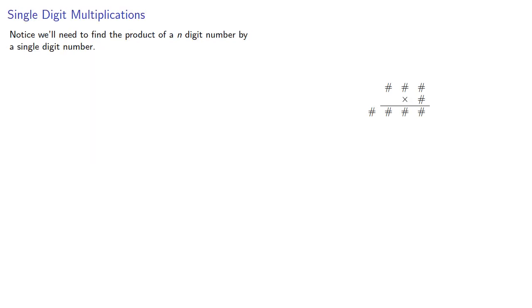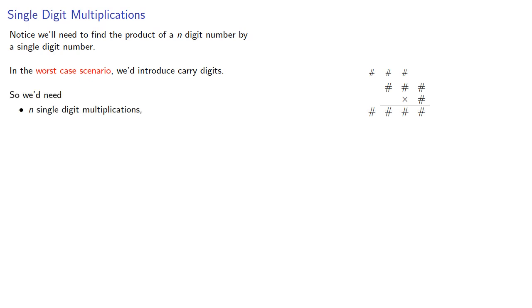Notice that we need to find the product of an n-digit number by a single-digit number. In the worst-case scenario, we'd introduce carry digits, so we'd need n single-digit multiplications and n minus 1 single-digit additions, for a total of 2n minus 1 steps.